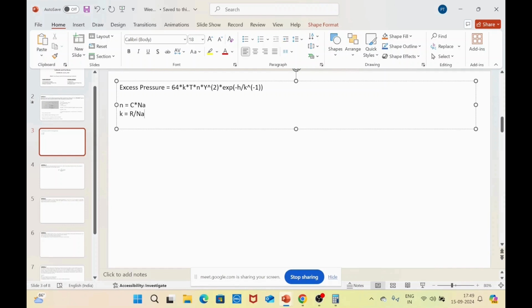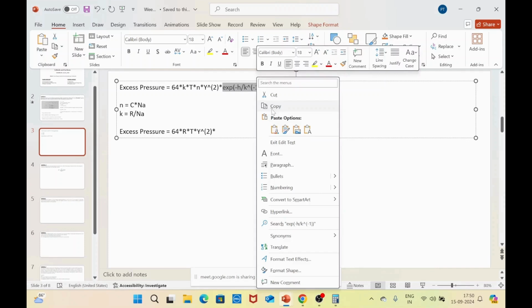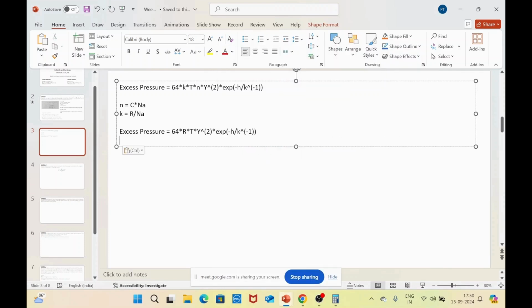So if you use these two equations in the excess pressure, you can get excess pressure as 64 times R times T times gamma square, or gamma naught square, times exponential of minus h by kappa inverse.